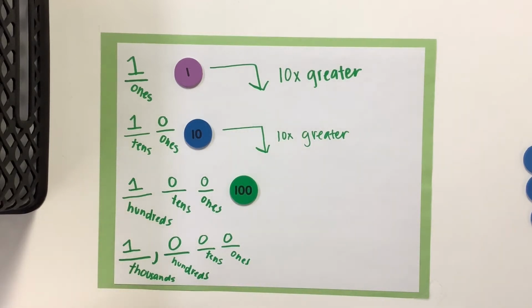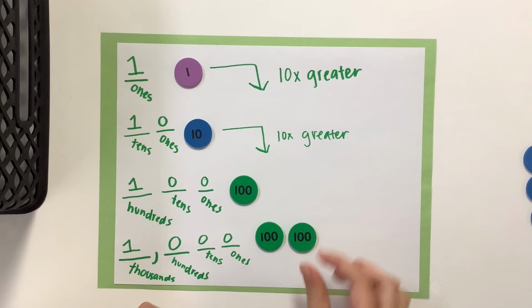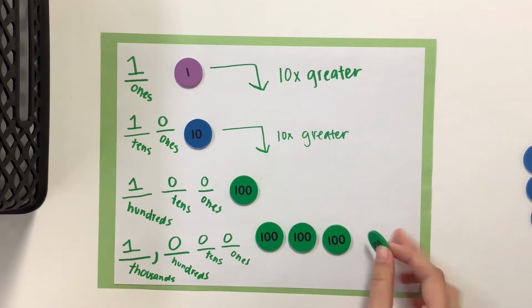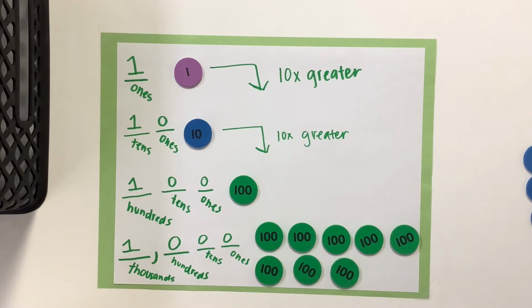Okay, so now I don't just have 100, I have 1,000. So 100, 200, 300, 400, 500, 600, 700, 800, 900, 1,000.